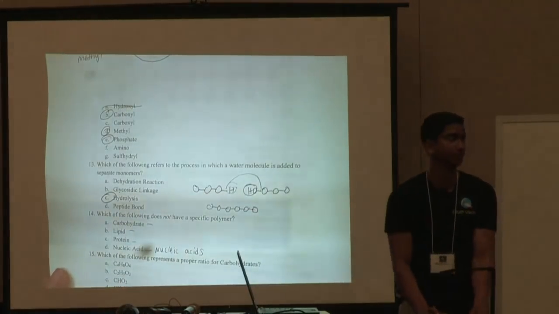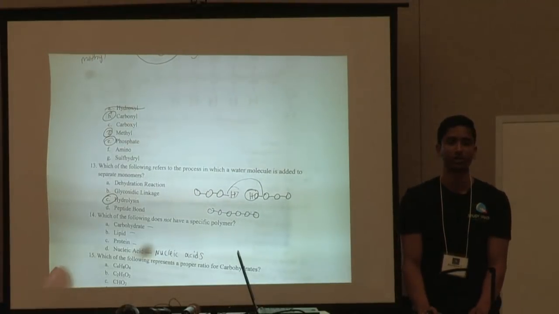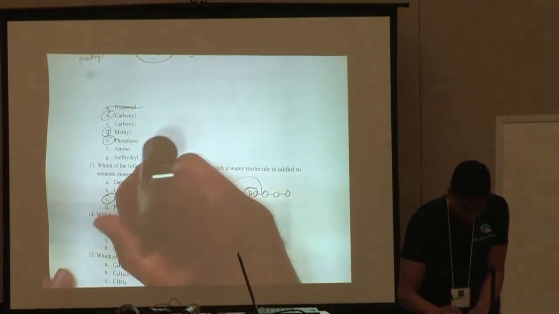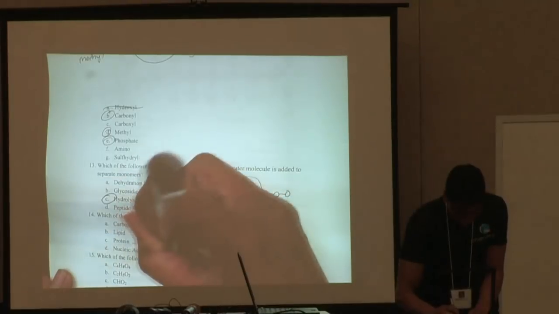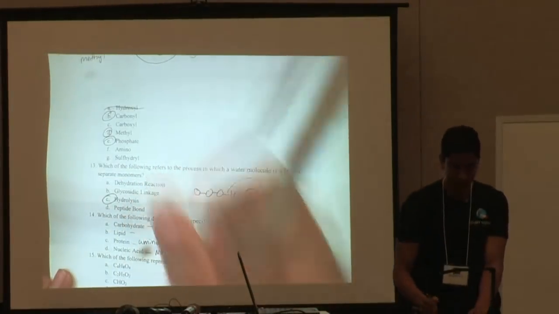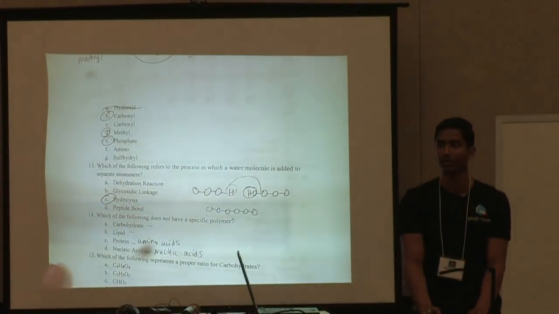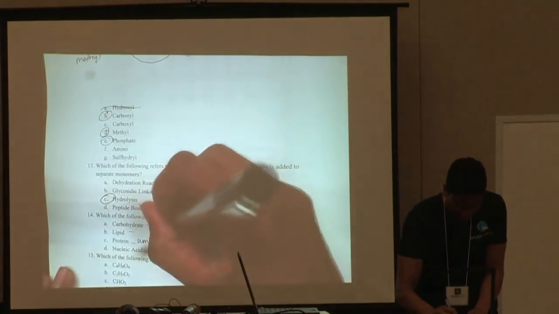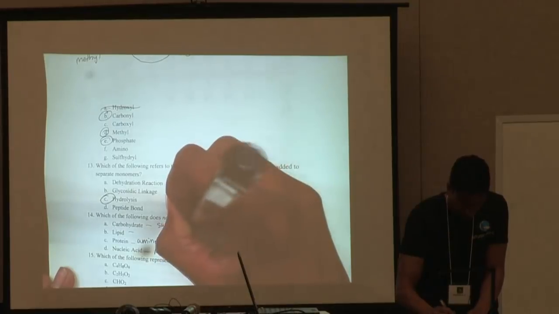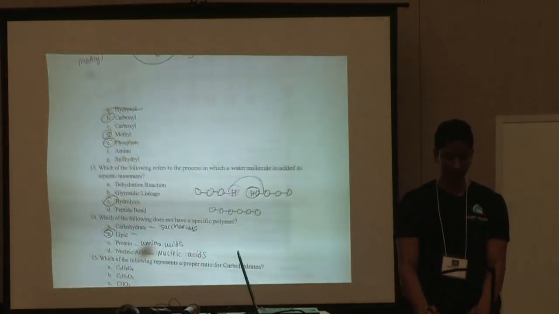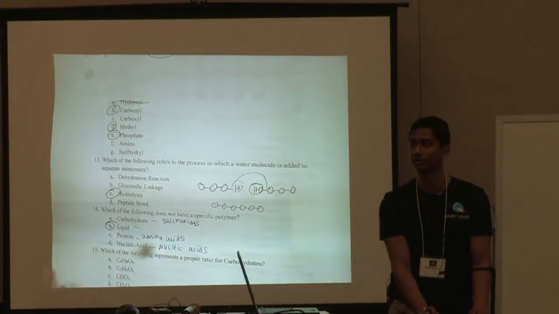What about proteins? What are proteins made out of? Amino acids, good. What about carbs? Saccharides, right? Saccharides of some form. So then it's lipids. Lipids don't have a specific polymer.